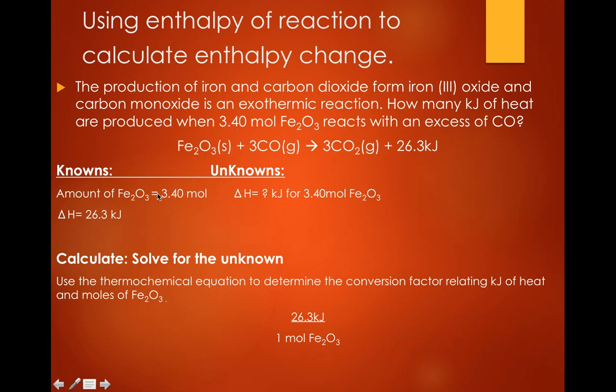So that's something we know. We also know the enthalpy, and the enthalpy is 26.3 kilojoules. Okay, what we don't know is what is the enthalpy for this reaction if we have 3.4 moles.